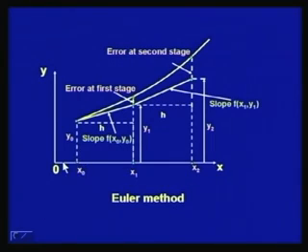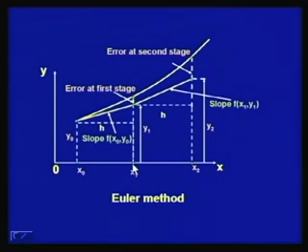Now, this is the geometrical interpretation of this method. You can see here that this is the solution curve of the given initial value problem. At the point (x naught, y naught), this is the tangent to the curve whose slope is given by f(x naught, y naught). We have dy by dx equal to f(x, y). So, the slope of the tangent at x naught is f(x naught, y naught), and this is your step size h.